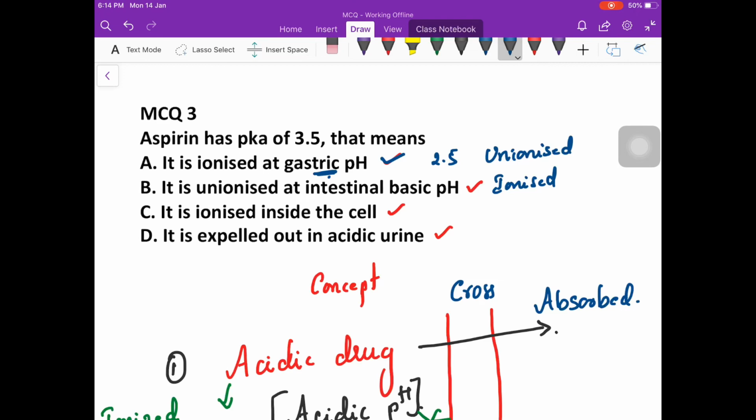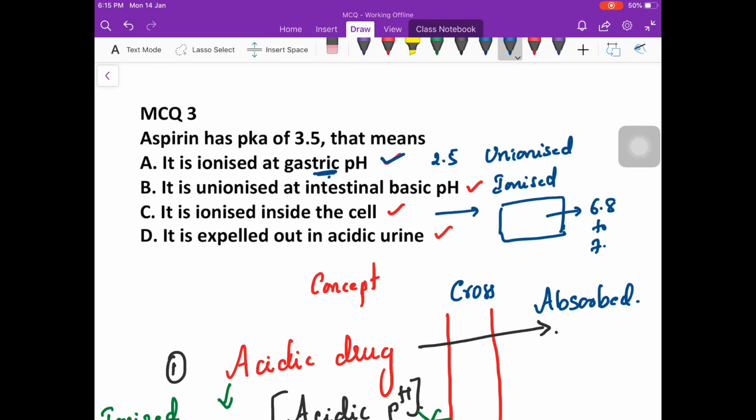Now coming to the third option, it is ionized inside the cell. Yes, when the drug aspirin gets absorbed from the stomach, it enters inside the cell. Inside the cell, the pH will be 6.8 to 7, or a bit alkaline or neutral.